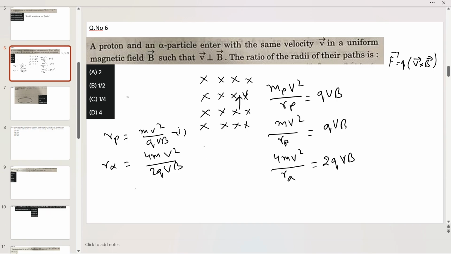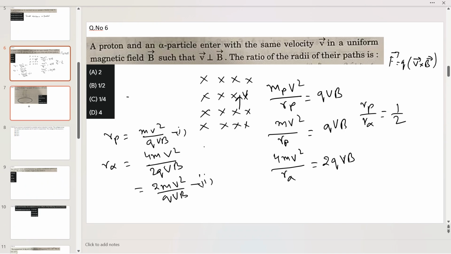So this will be equal to 2 m v square by qvb. So this is equation 2. Now here rp by r alpha, the radius, will be this divided by this. So here you see all this cancels out, so your ratio will be 1 by 2. This is your answer.